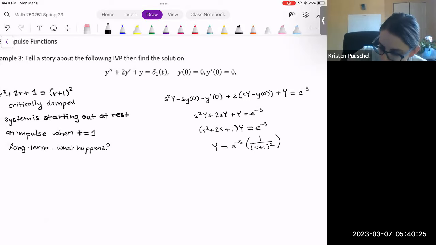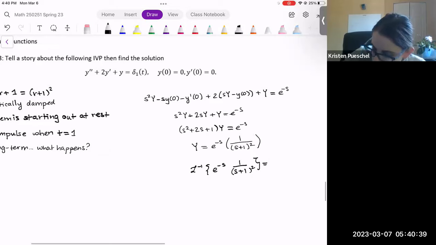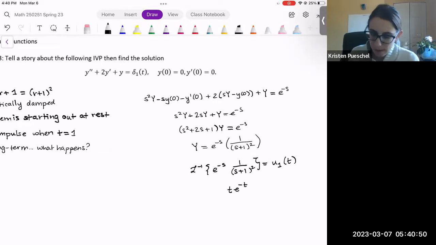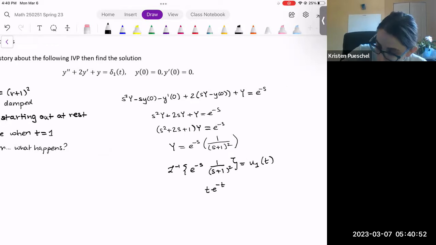Okay, so the inverse Laplace transform of e to the negative s times 1 over s plus 1 squared is going to be u1 of t times, we said that individual inverse Laplace transform was t e to the negative t. And every time we see a t, we're going to write t minus 1, the shift to the right by 1.